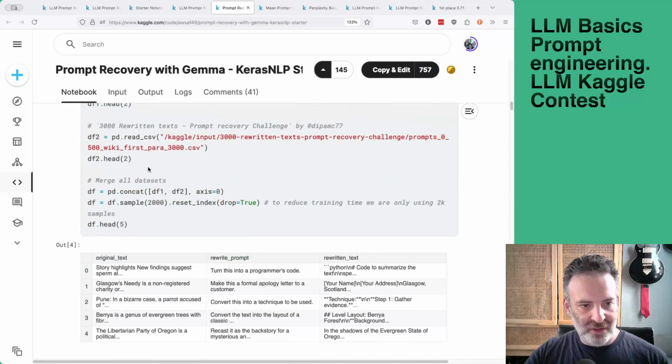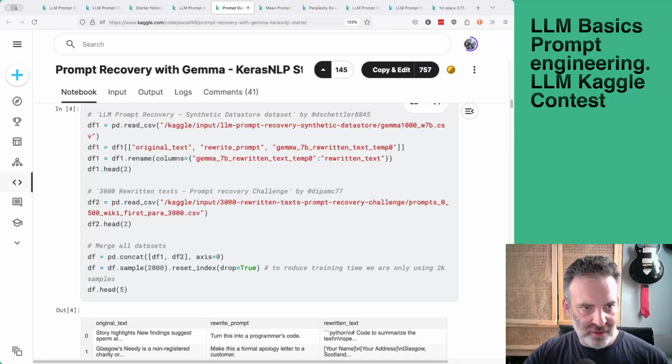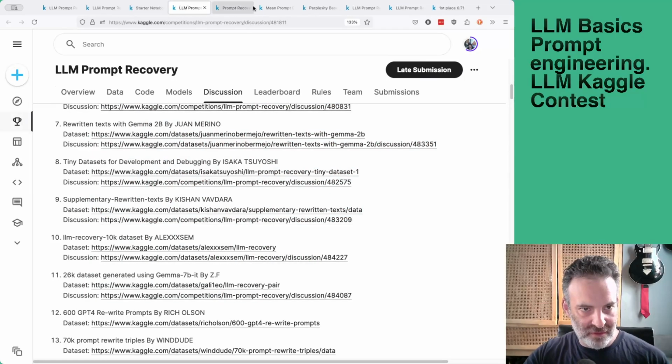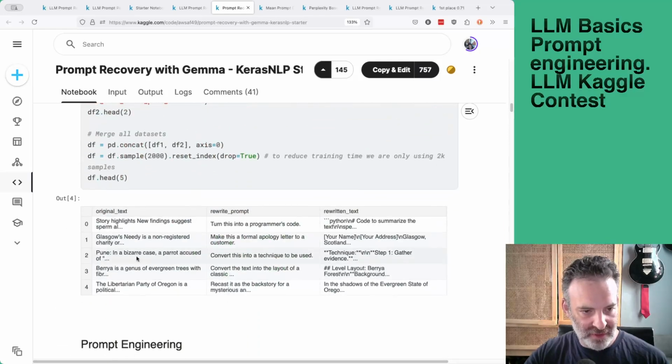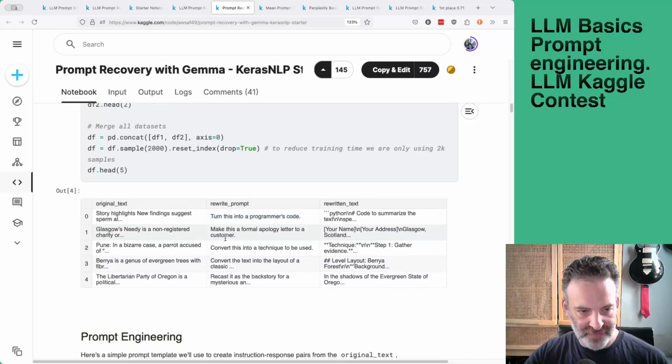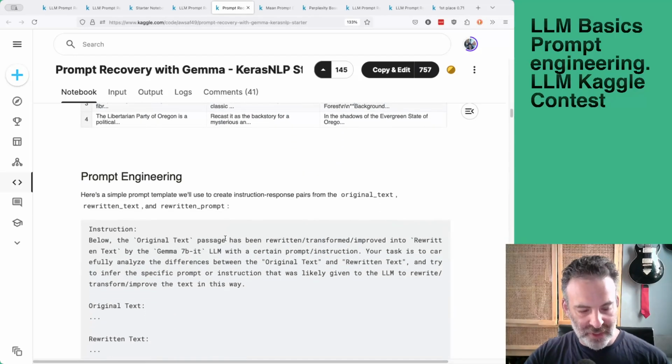Okay, so all of these data sets that folks have posted, we're just using a bunch of them and conglomerating them. So the original text, the rewritten text, and the rewrite prompt, which is what we're going to get the model to try to guess. So, prompt engineering.